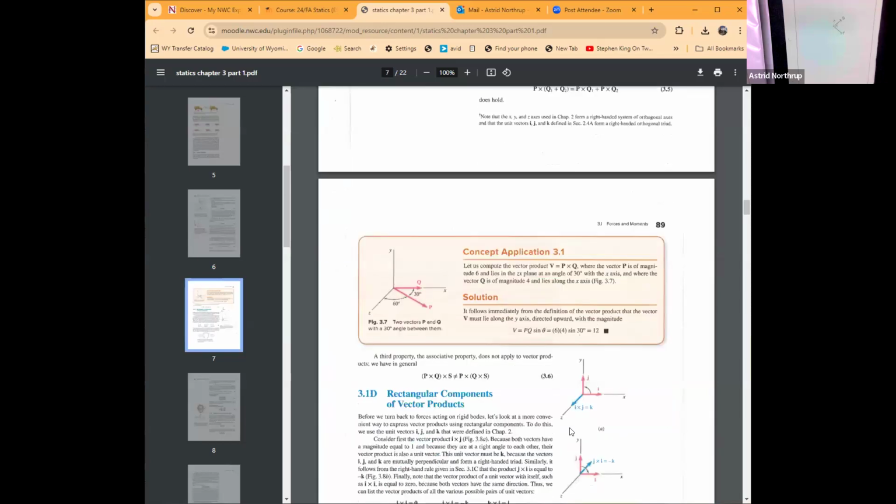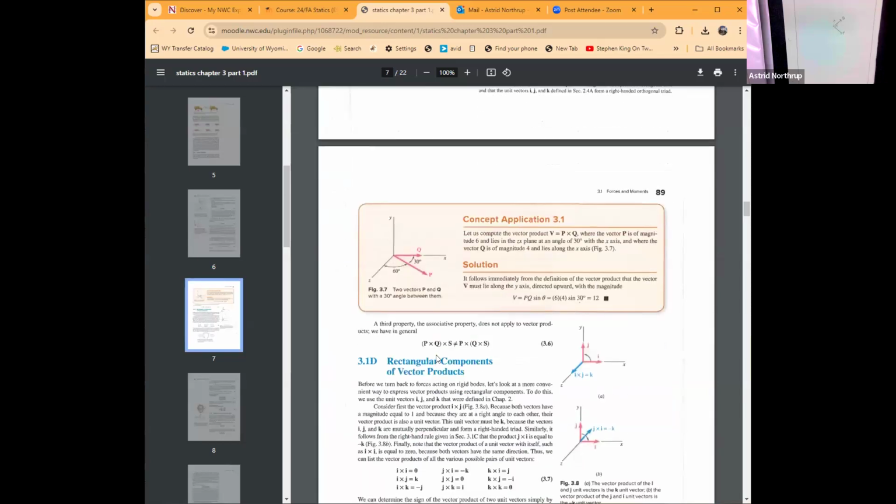The last property that we always talk about with multiplication would be the associative property. So if you cross P with Q and then cross that product with S, it's not going to be equal to P crossed with Q crossed with S. So in other words, the order matters, the one that you do first matters, but the distributive property holds. So associative, no; commutative, no; distributive, yes.